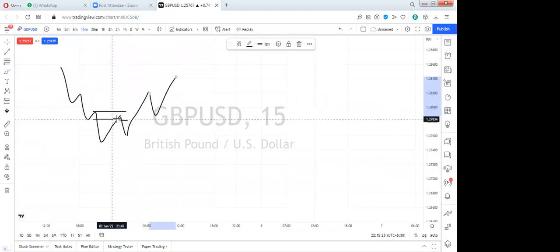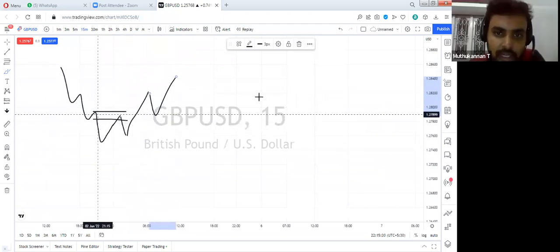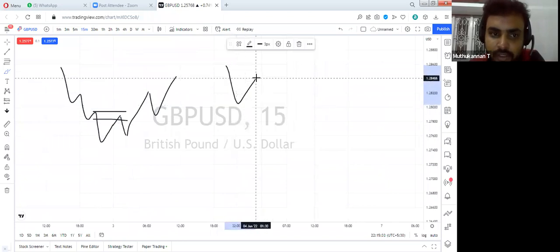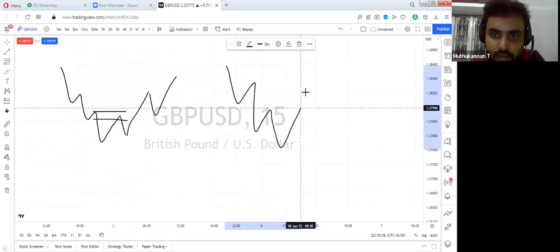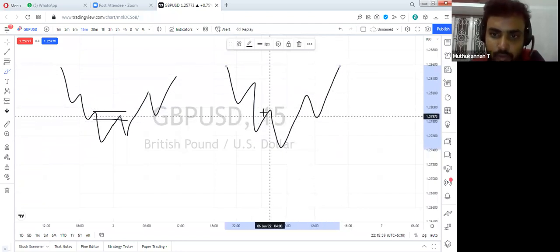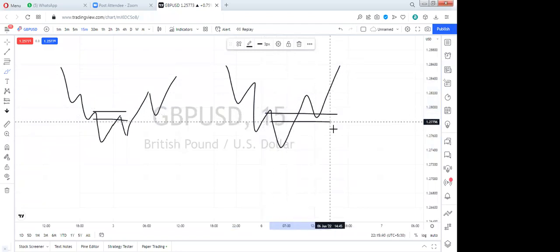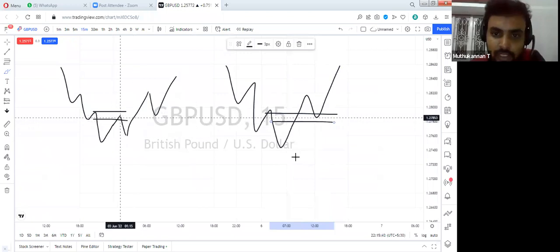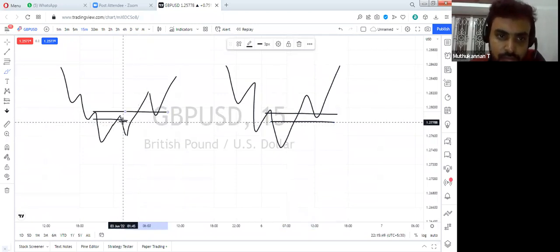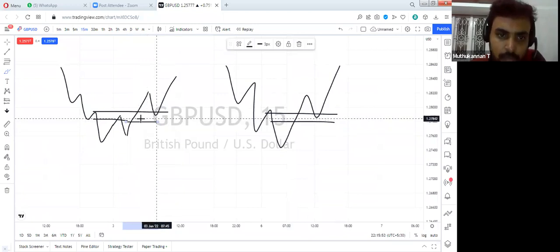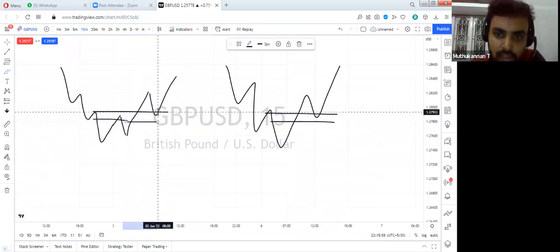It touched here, respected and went up. In the previous example, I have told you, there's a difference between this one and this one. So now you can say this is your mitigation block. From here you can take it.